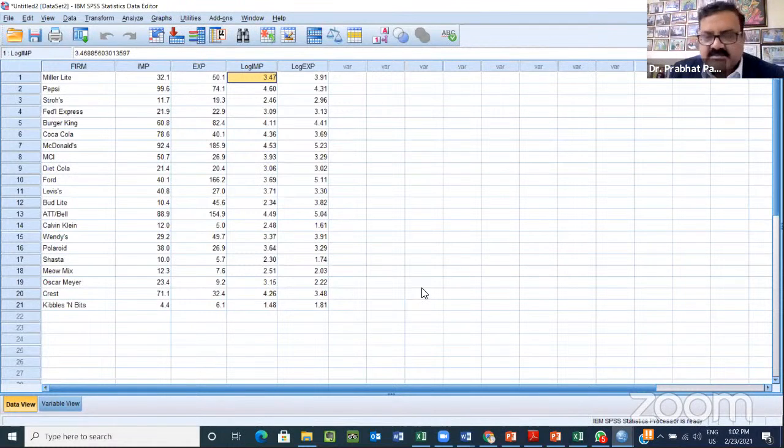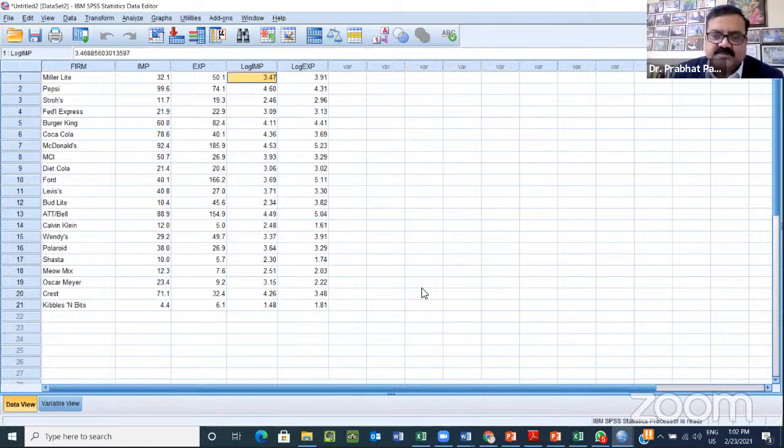Yeah, got your point. That's called the semi-log function. This one is called the double log because the double log has the property that beta becomes the elasticity, but the semi-log function does not. So what you're talking about is a semi-log. You're converting the independent variable into log, and the dependent variable you're not converting into log. The interpretation of the relationship between the independent and dependent variables will change in semi-log and double log.